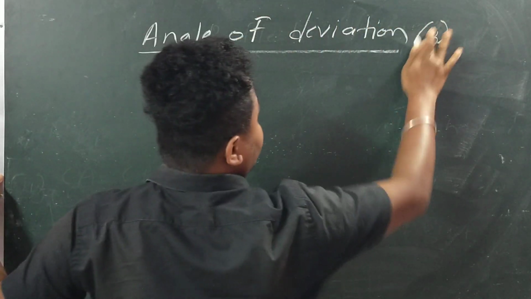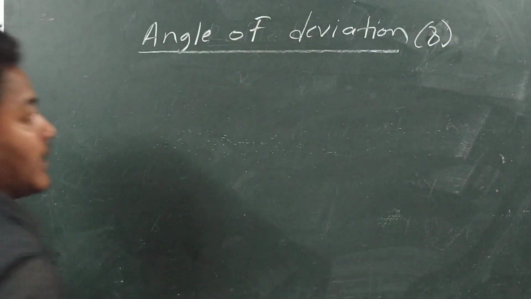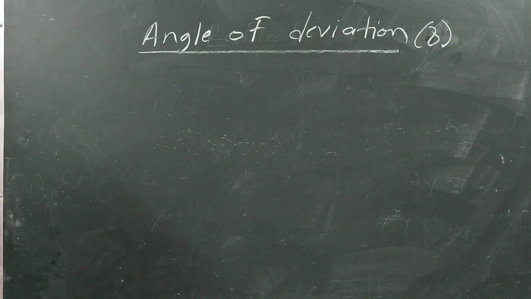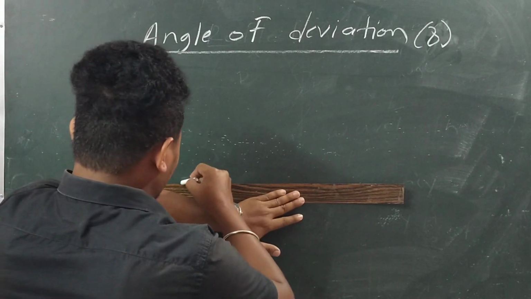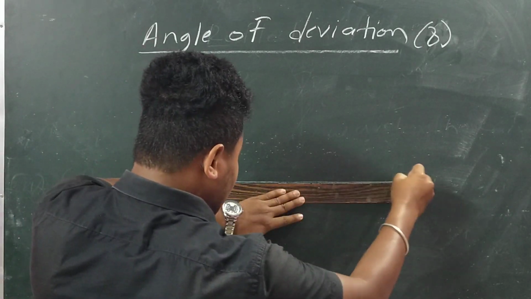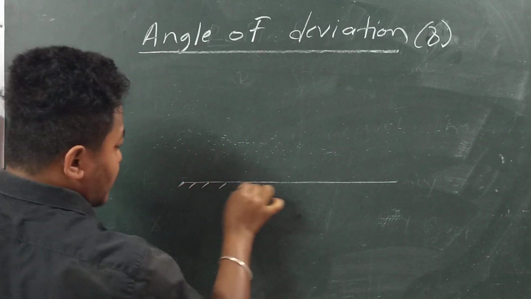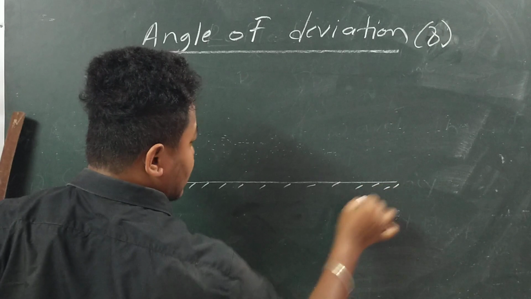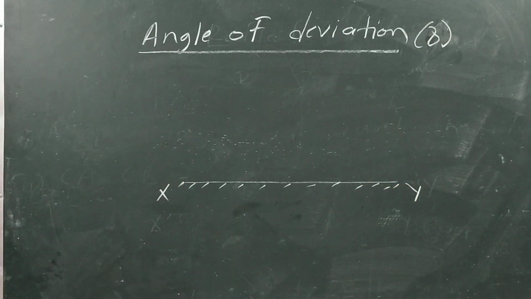Angle of deviation, delta. Okay. Same diagram. Suppose this is any type of reflecting surface. Let us consider this to be XY.